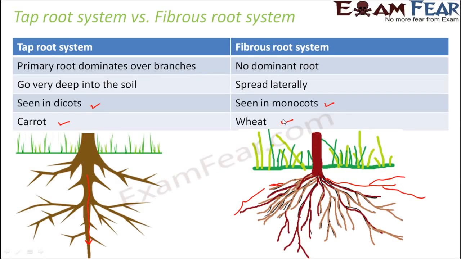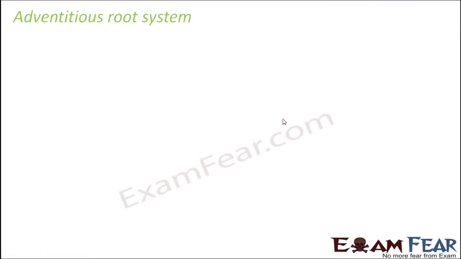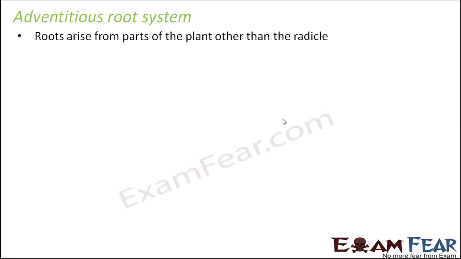So with this we end our discussion on primary root system. The first type of root system is done. Now the second type of root system, that is the adventitious root system. So what is this adventitious root system? Here the interesting part is roots arise from parts of the plant other than the radicle.